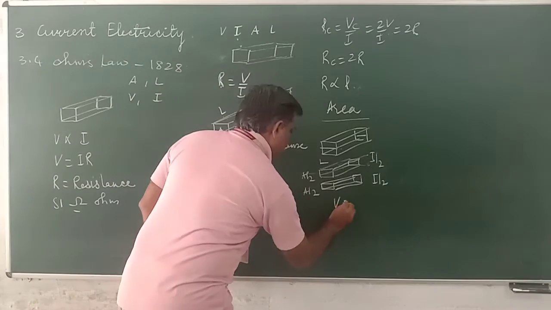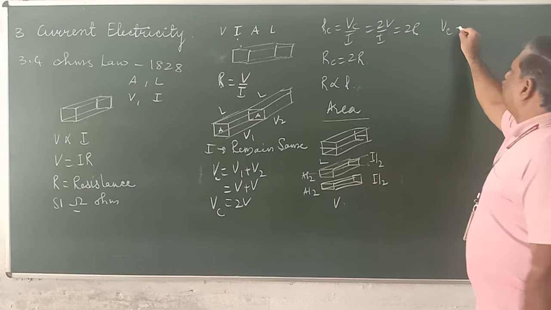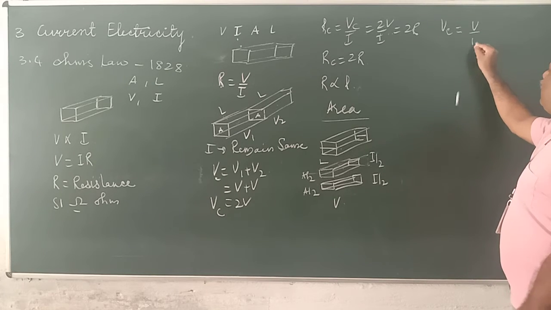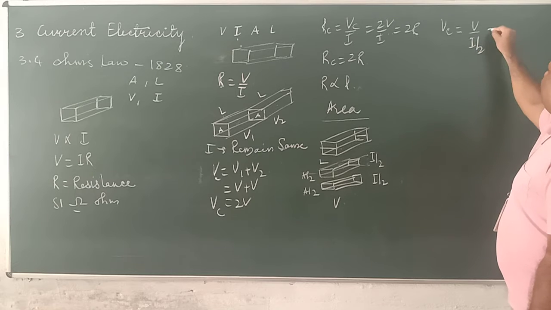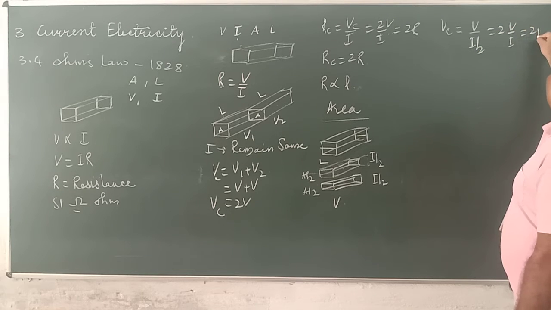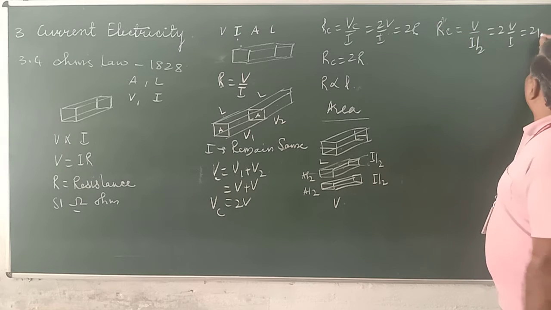But V does not change. So R combination is V divided by I by 2, which means 2V by I, which is equal to 2R.